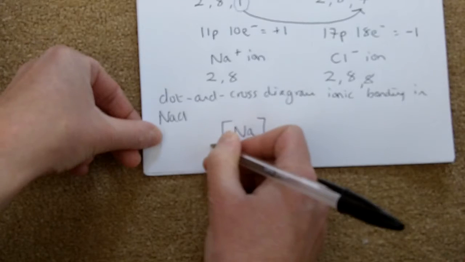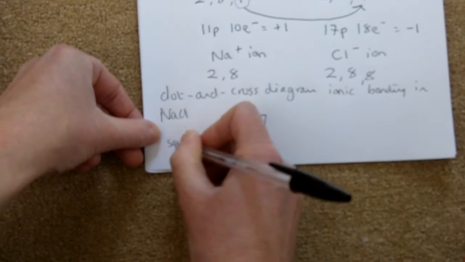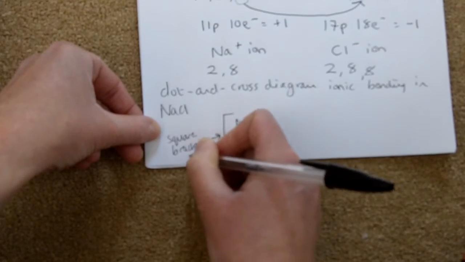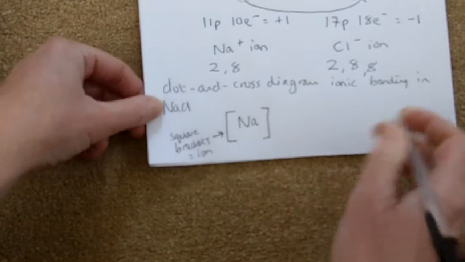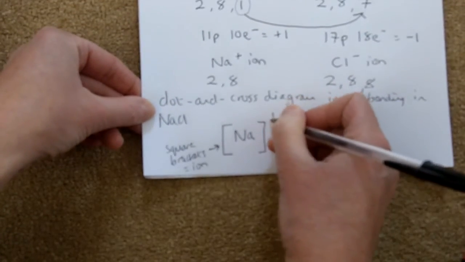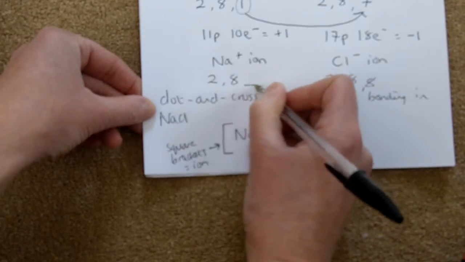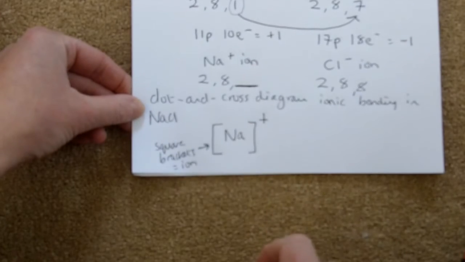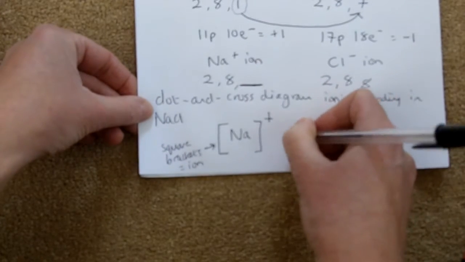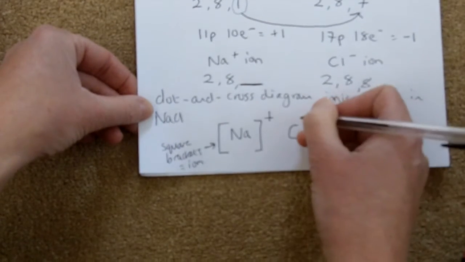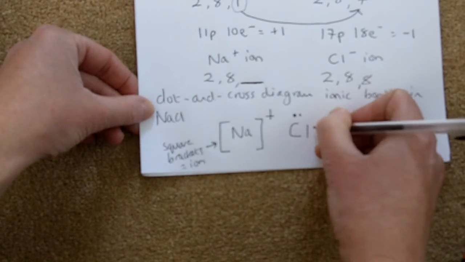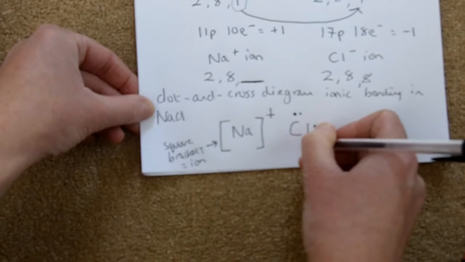We put square brackets. You have to put square brackets because square brackets represent an ion. And we have a positive charge. So there are now no electrons in the outer shell, so we don't represent anything. Whereas Cl has got 7 of its own, so 7 dots. Remember, they go around in pairs.